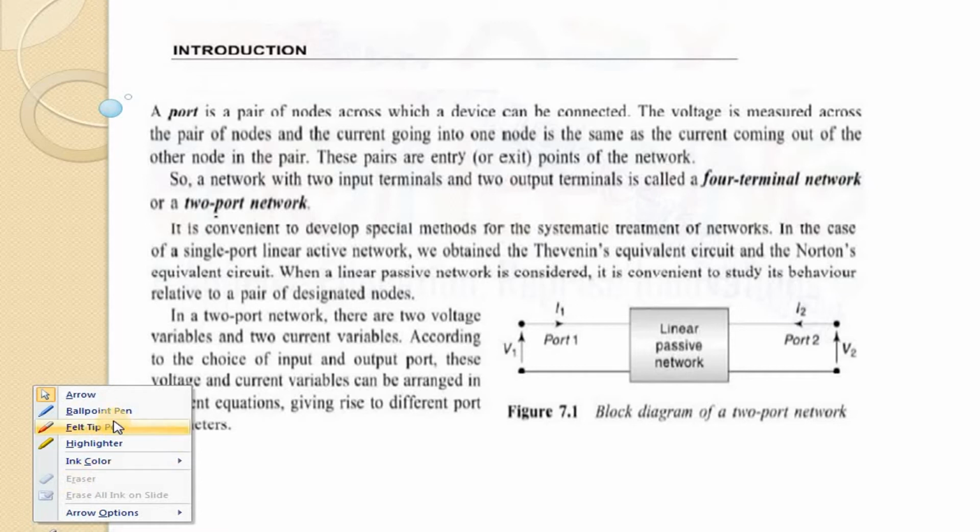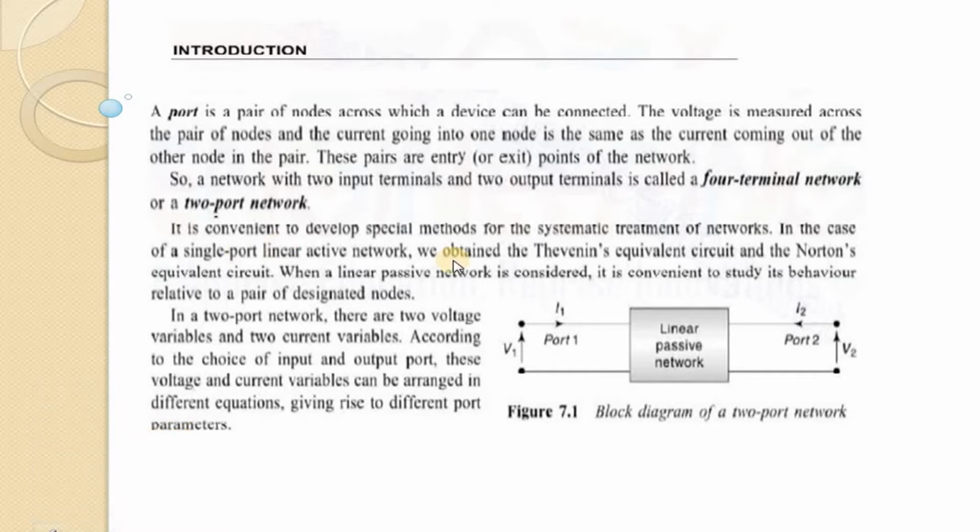This is one port of a network and this is another port of the network. A network with two input terminals and two output terminals is called a two-terminal-pair network or two-port network. That means here we have a pair of ports, so it is a two-port network.